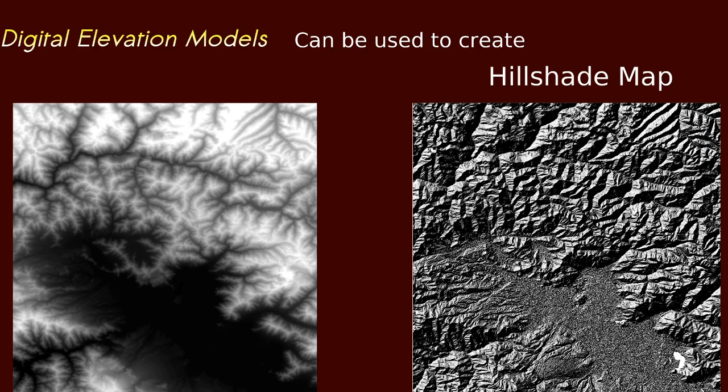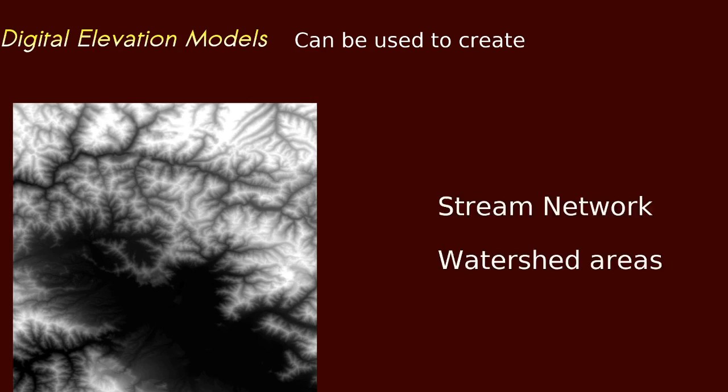A hillshade is a grayscale representation of the surface with the sun's relative position taken into account for shading the image. We will see how to create a hillshade map, and other aspects we will be seeing the next day will be how to create a stream network and watershed areas.